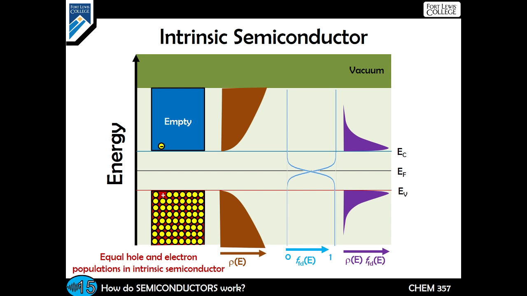And these populations are equal in an intrinsic semiconductor, as you might imagine. If you move an electron out of the valence band to the conducting band, you must leave a hole behind. So those are equal, and your Fermi level is therefore always right in the middle here. Your Fermi-Dirac distributions for electrons and holes are mirror images of each other around that point.